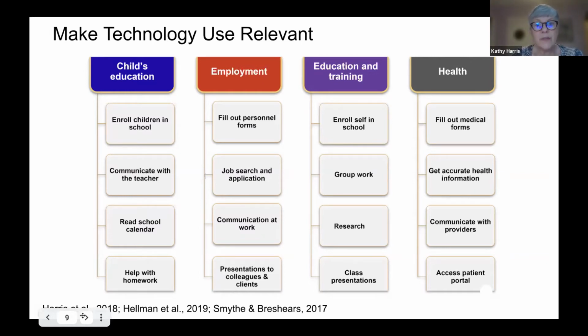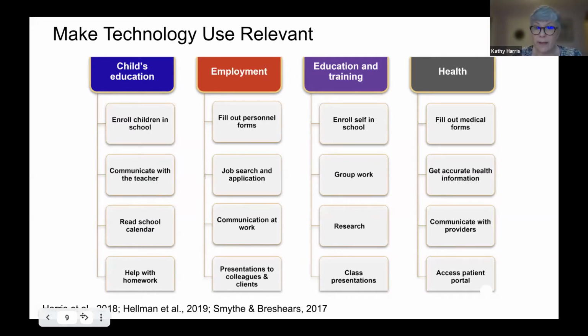But these skills also need to be relevant to students' lives. For example, when people need to communicate with their child's teacher, this is a skill they need to have both technologically and linguistically. They need to be able to read the school calendar. They need to be able to search for and apply for jobs, and that information is online, and it takes technology skills. Digital literacies are required for that.